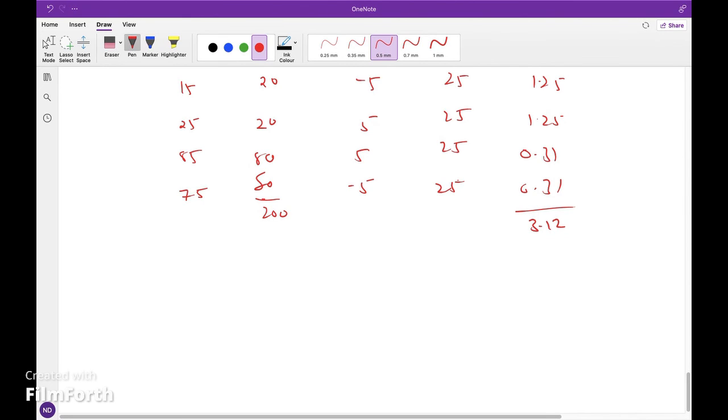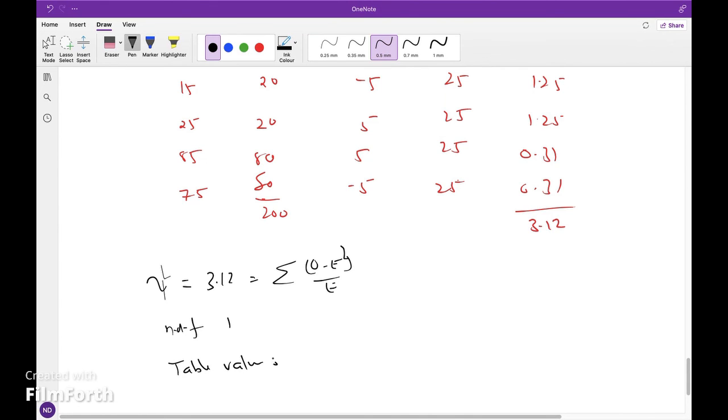So the test statistic chi-squared is equal to 3.12, that is the summation of O minus E the whole squared by E. The degrees of freedom is 1. Table value of chi-squared for 1 degree of freedom is 3.84.